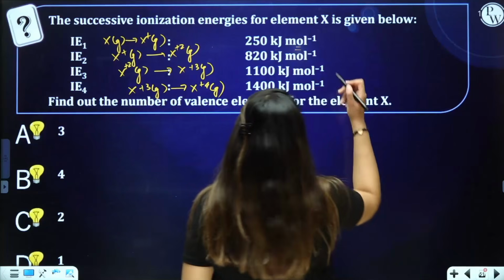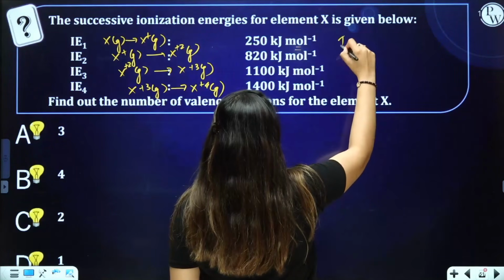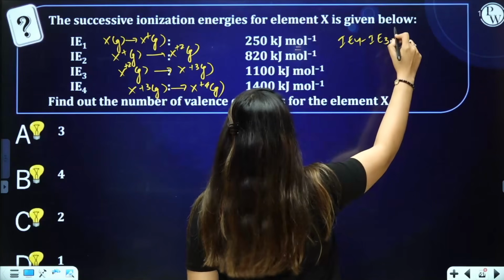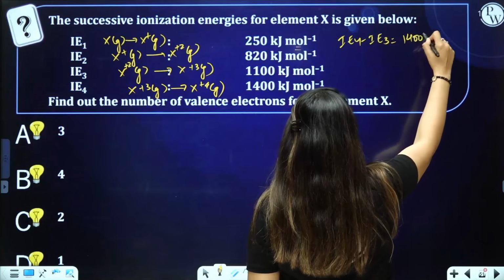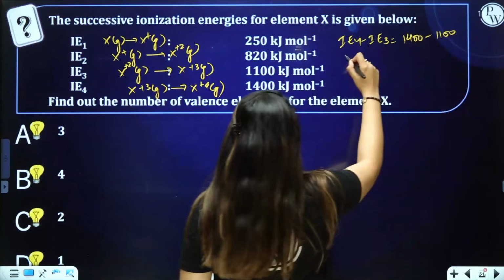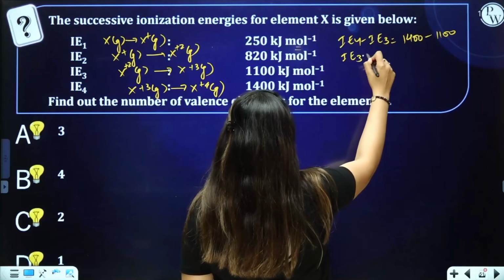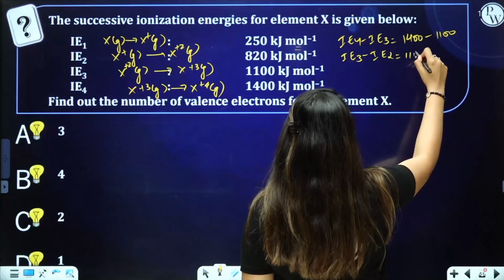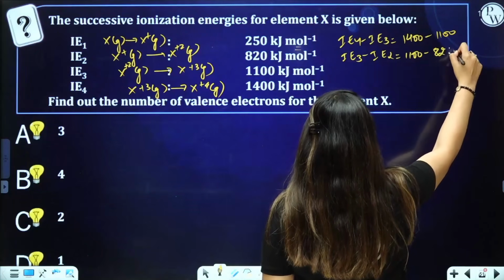So what you have to do is make the differences. First you have to do IE4 minus IE3, so it will be 1400 minus 1100. Then IE3 minus IE2, that is 1100 minus 820.